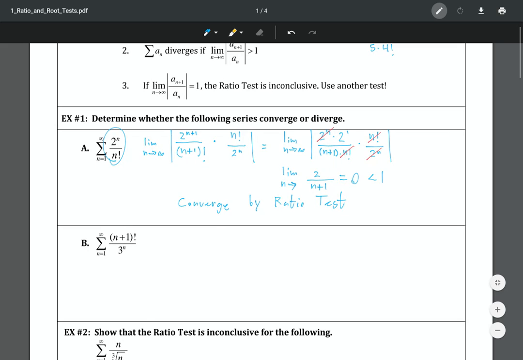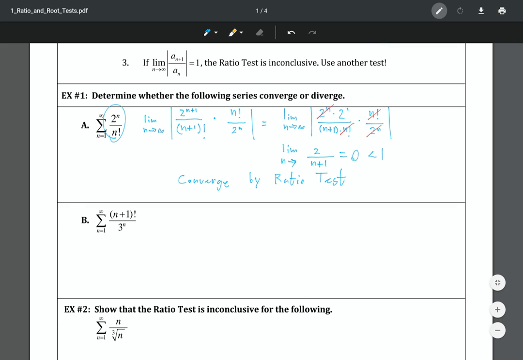Well, let's look at B. Same idea. We're going to do the same thing. So now we have the limit as n goes to infinity of the absolute value of this right here, but I'm going to add a 1.